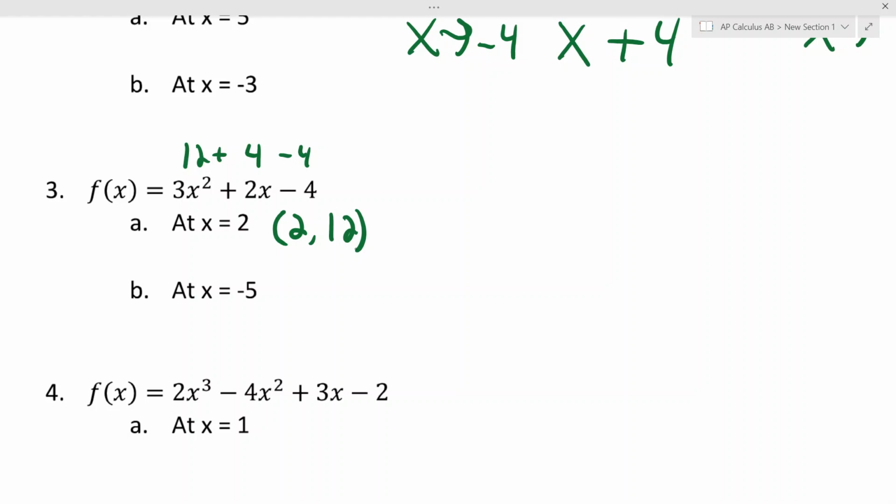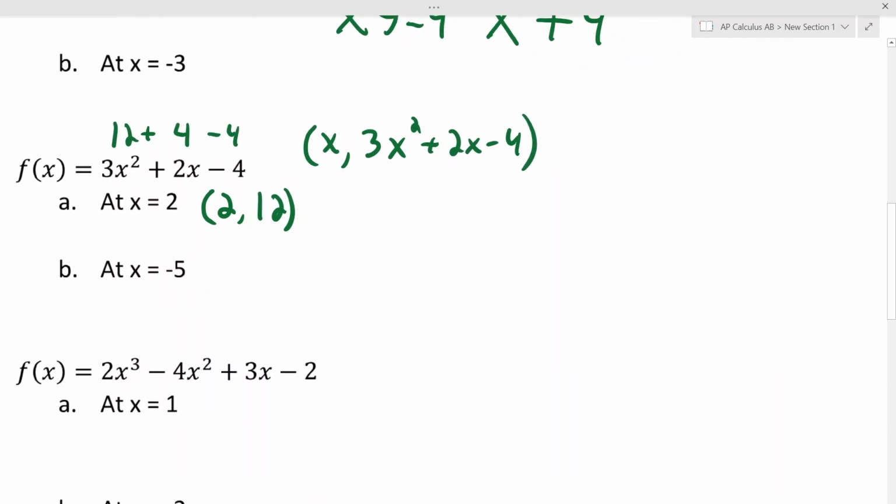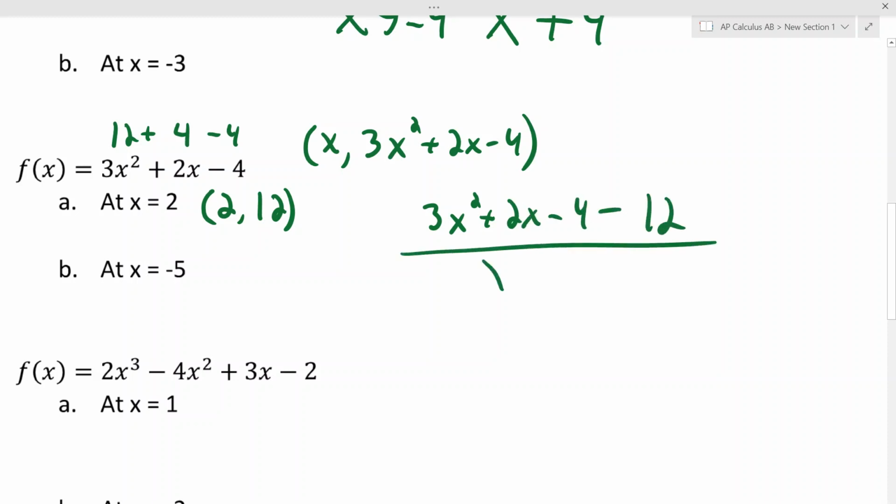And I'm going to create a variable point, which is just going to be an x value, which we don't know because it's moving around, and the y value, which will just be what you get when you plug x in, right? So we do the first y value minus the second, y2 minus y1 over x2 minus x1.